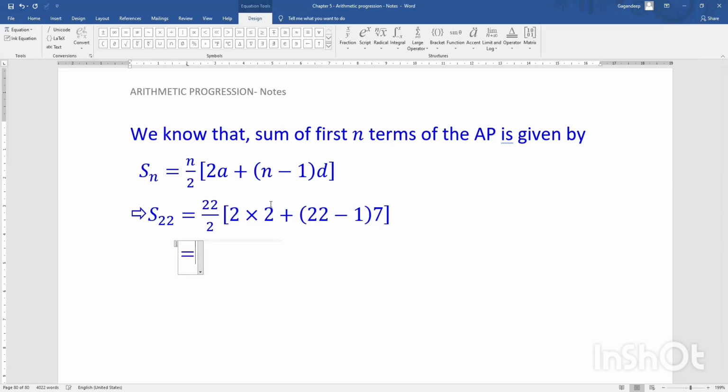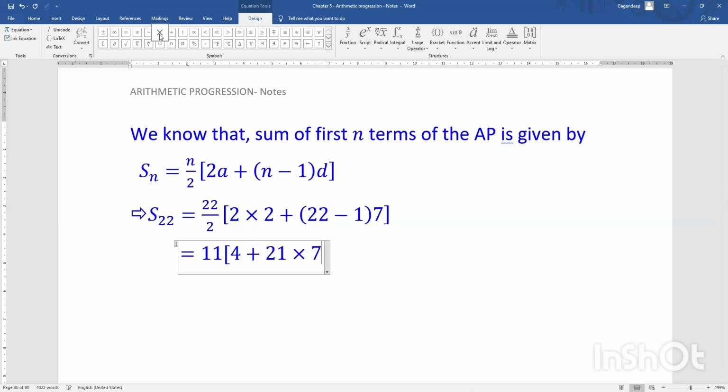So 22 by 2 is 11, bracket open, 4 plus 21 into 7.